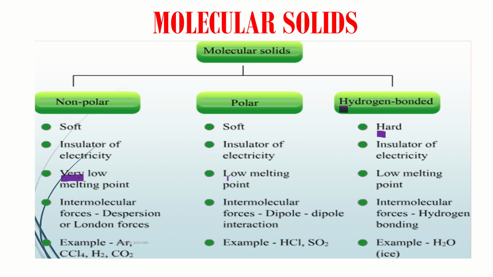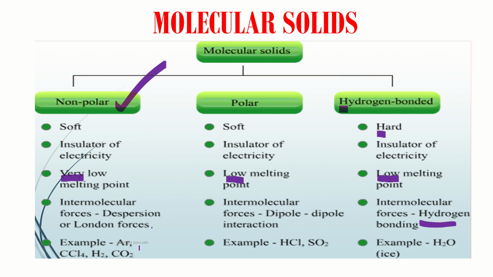Polar has just a low melting point. Hydrogen bonded has just a low melting point. The intermolecular force in non-polar ones is dispersion or London forces. In polar, it is dipole-dipole interaction. In hydrogen bonded, we have hydrogen bonding itself.